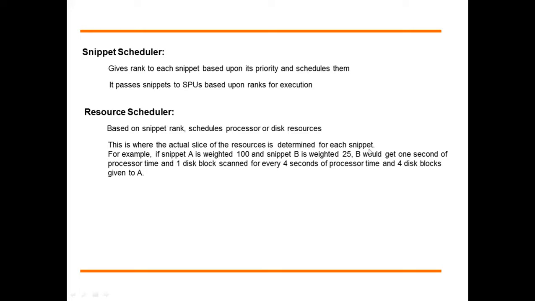For example, if snippet A is weighted 100 and snippet B is weighted 25, B would get 1 second of processor time and 1 disk block scanned for every 4 seconds of processor time and 4 disk blocks given to A. I'm saying that A is 4 times more important than B. So for every 1 resource I assign to B, I have to assign 4 resources to A. Who takes care of it? The resource scheduler which is sitting on the S-blades will take care of it.